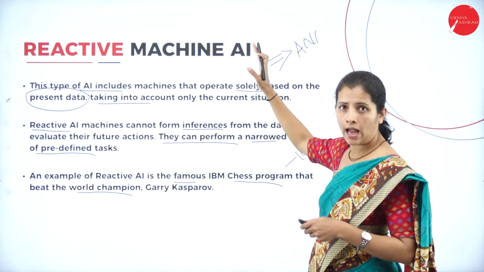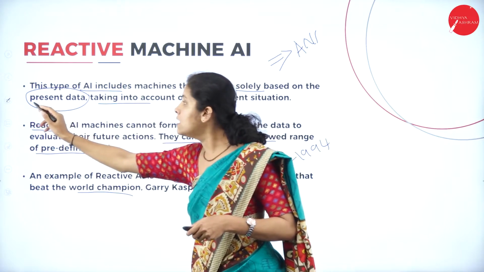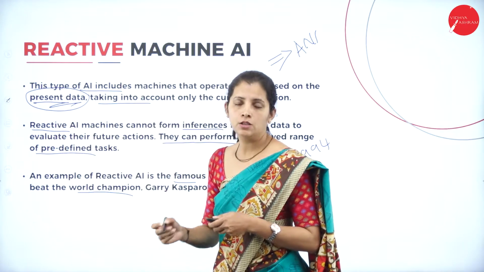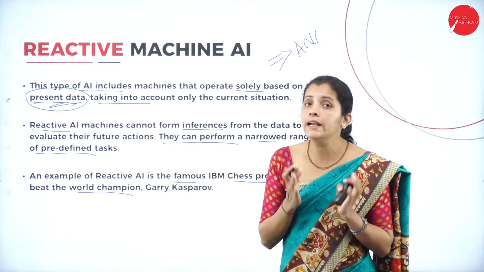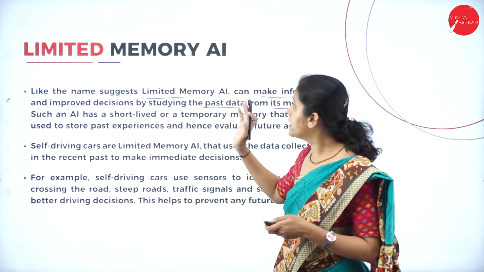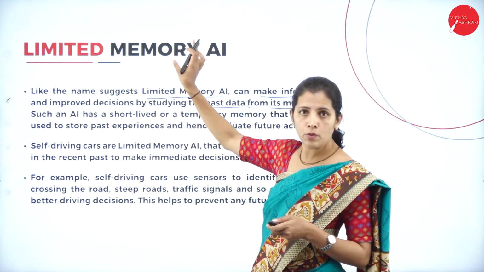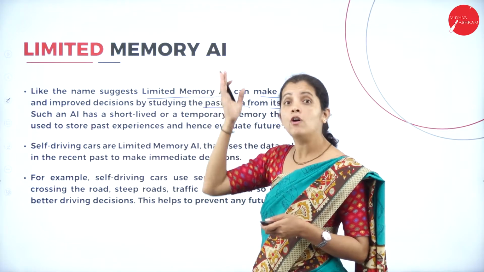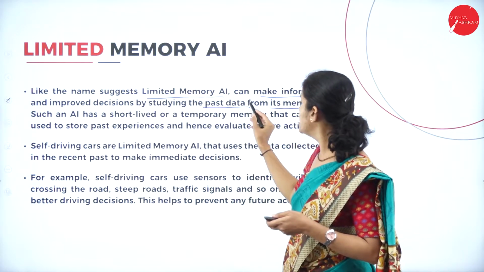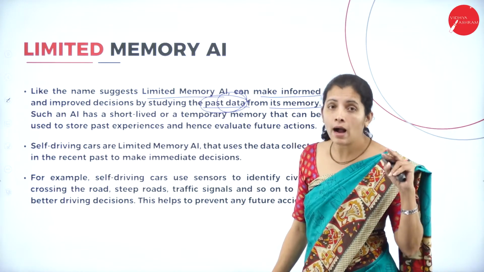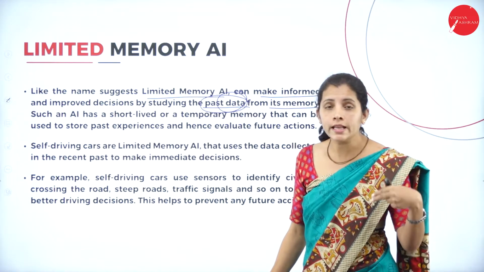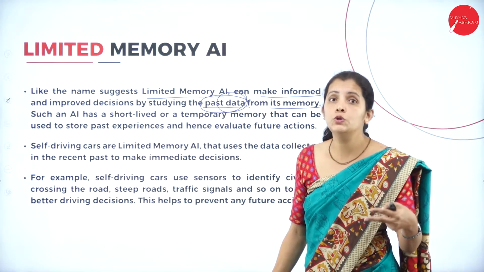Reactive machine AI considers present data, that's current data. But limited memory AI has past data. By keeping past data, I'm going to take the present solution.